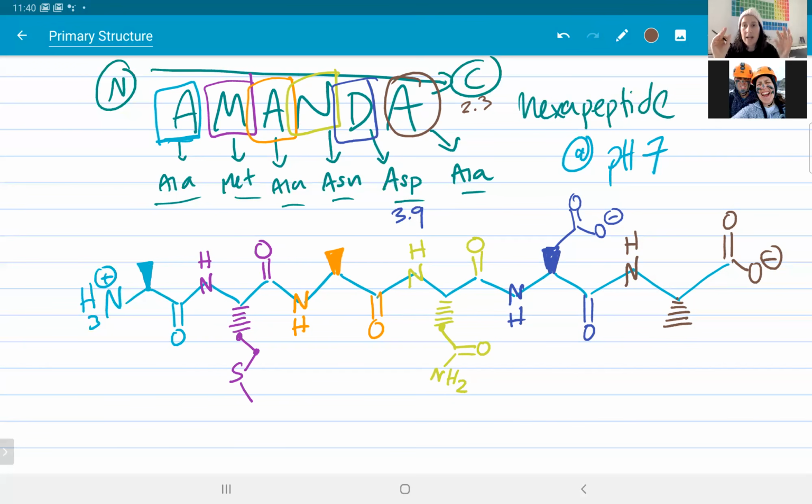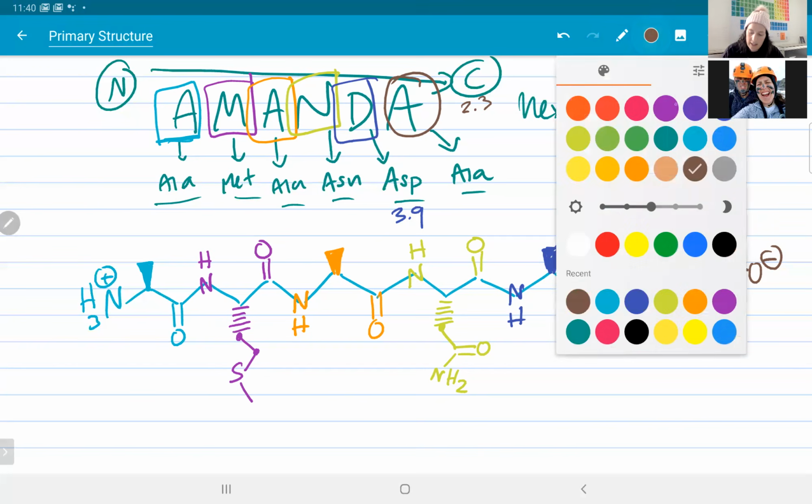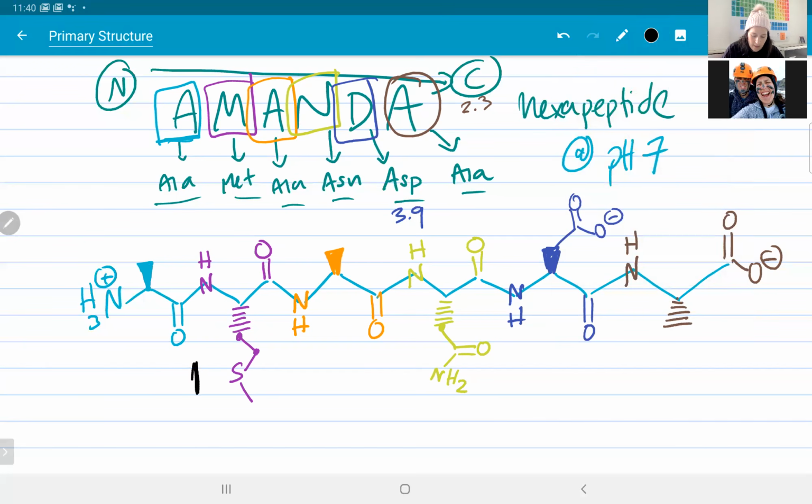So if you make a hexapeptide, how many water molecules did we lose? Every time you see an amide bond in the structure, that would indicate there was a loss of a water molecule. So here's one, right? We formed that one. Here's two. Here's the third. Here's the fourth. And here's the fifth.